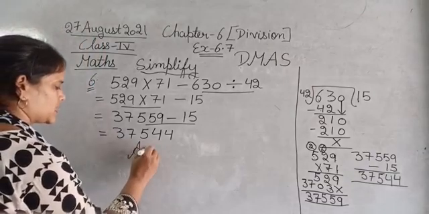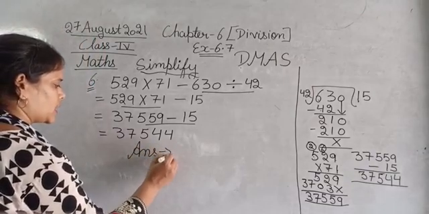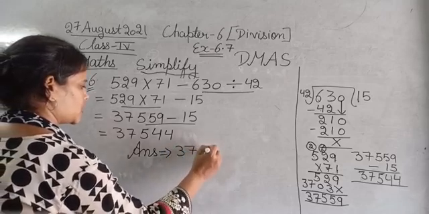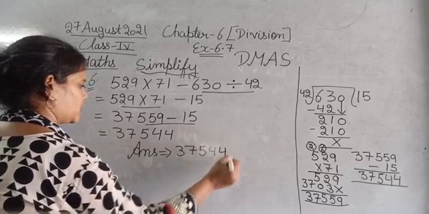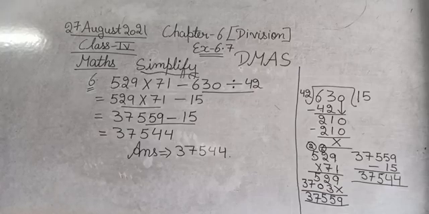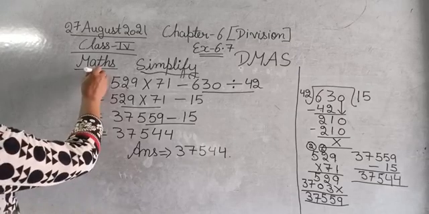So I am just writing the answer separately. Answer is equal to 37,544. So with this we have completed sum number 6 as well.